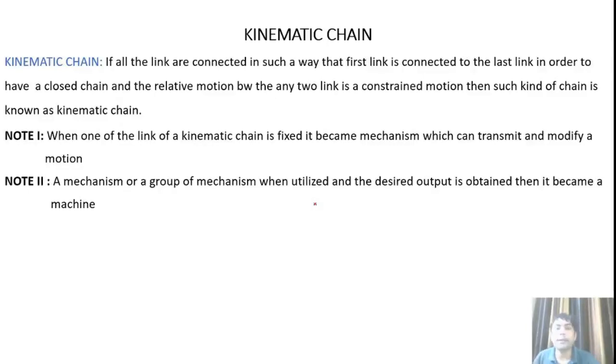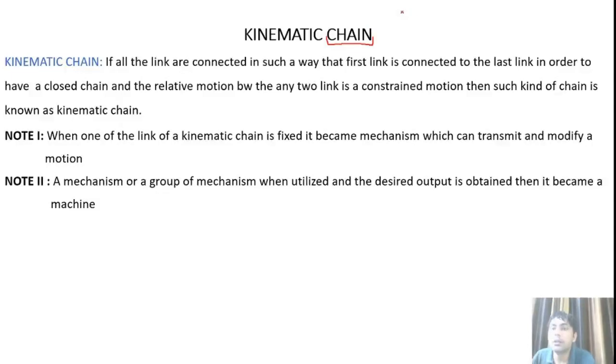Now, kinematic chain. First of all, what is a chain? Chain, my dear, means chain, anything, but it should be a chain.